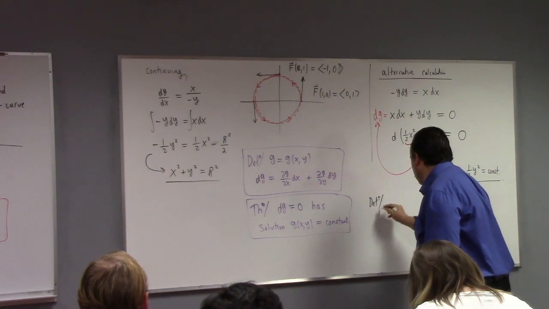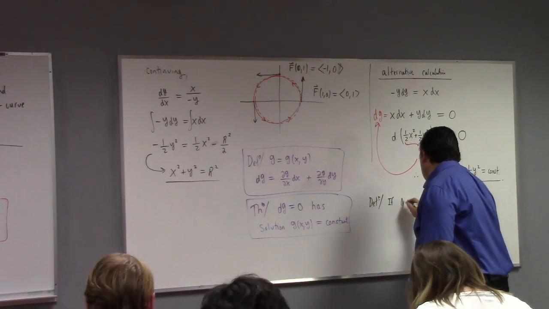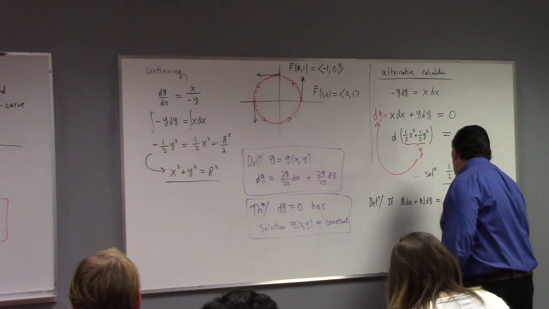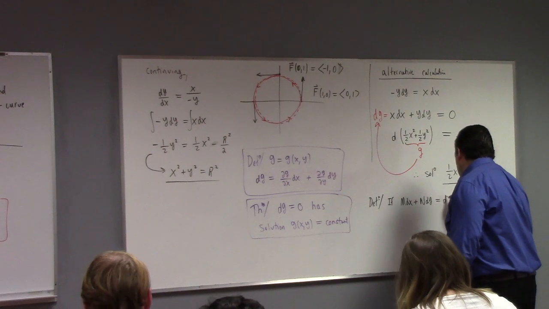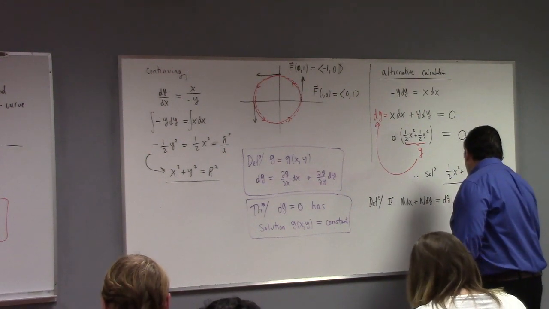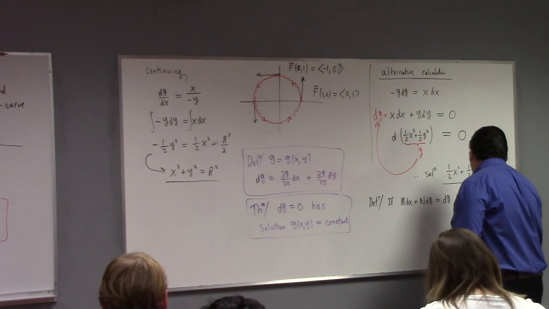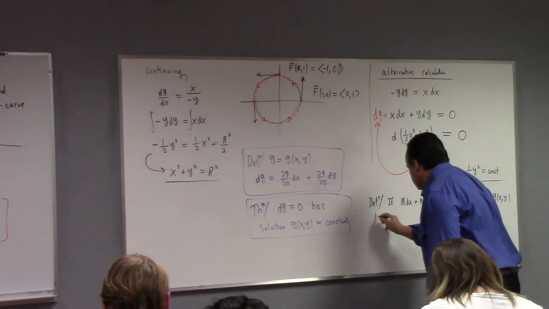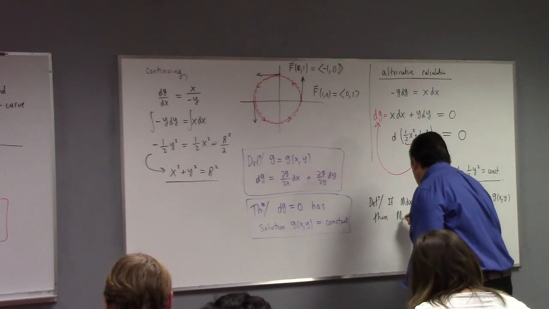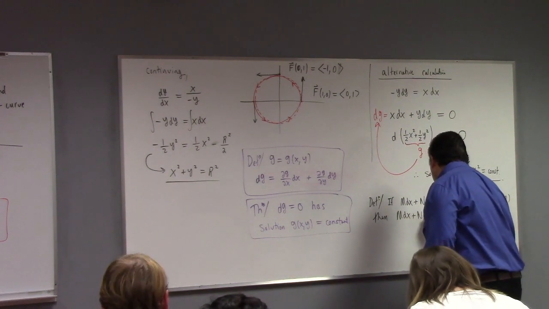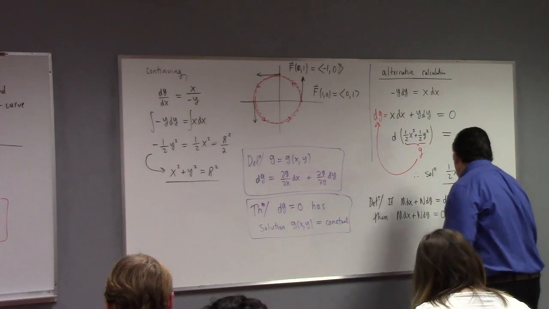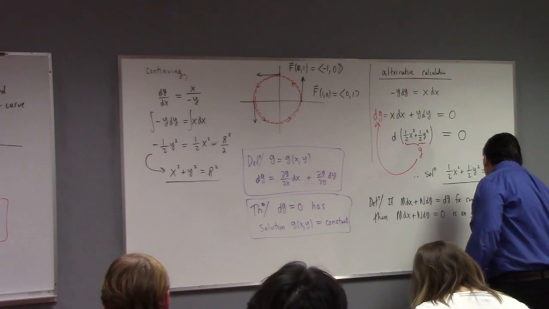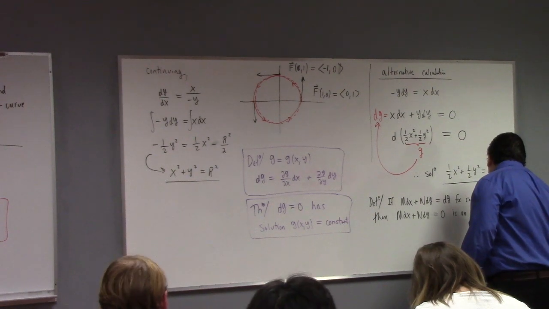So definition: if you have m dx plus n dy, if that's equal to dg for some g equal to a function of two variables, all right? Then m dx plus n dy equals 0 is an exact differential equation.